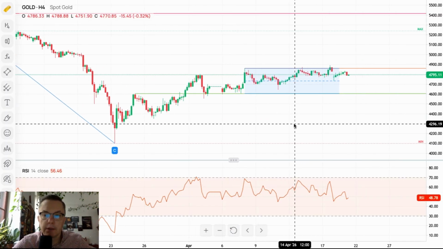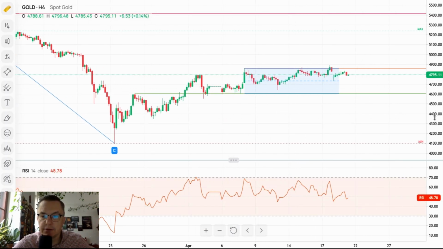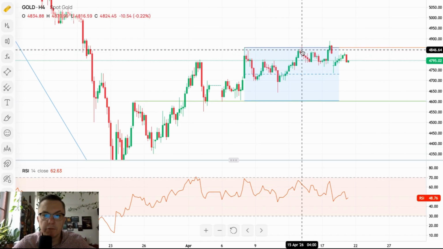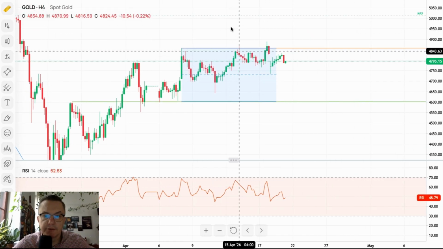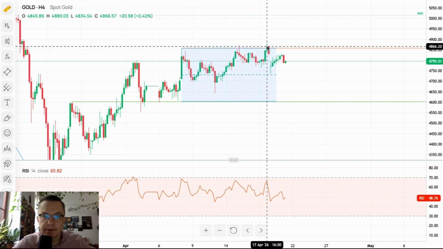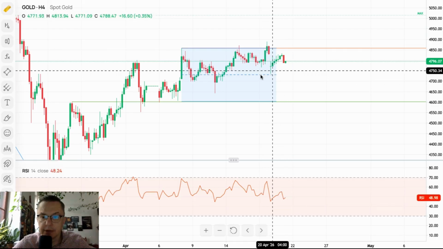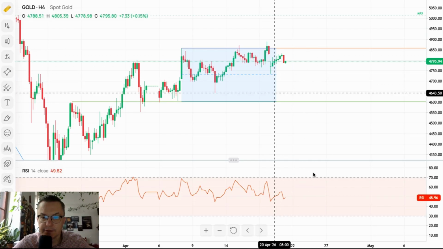Gold market doesn't actually do much these days. Local movements above 4,800 towards 4,900 were capped beautifully, and the market went back down, as you can see, towards the middle of the range.